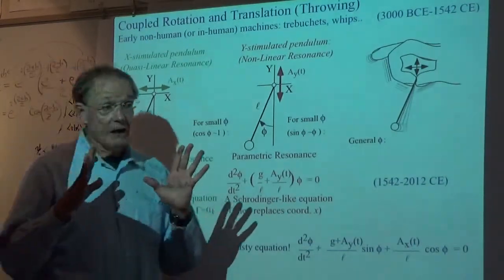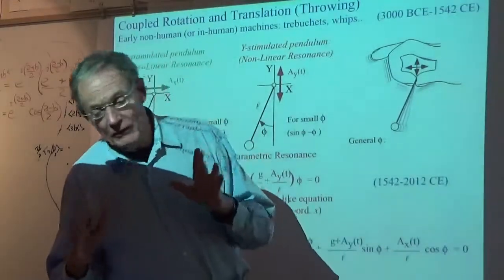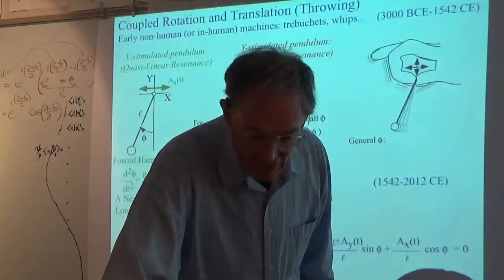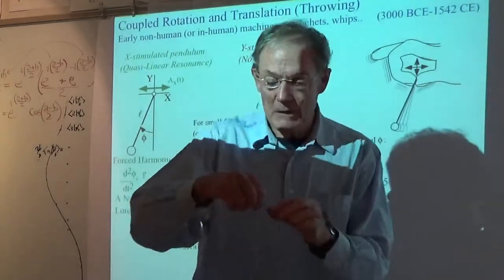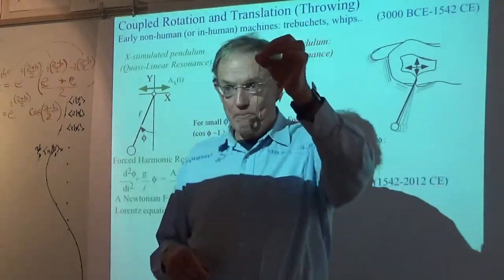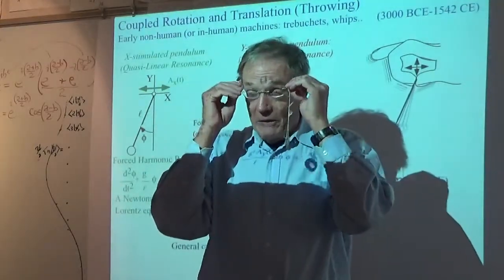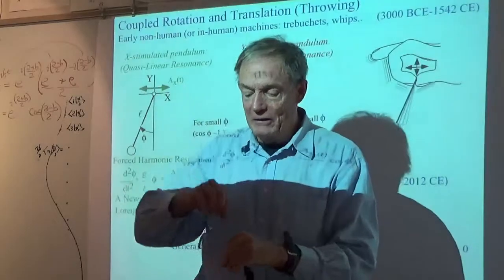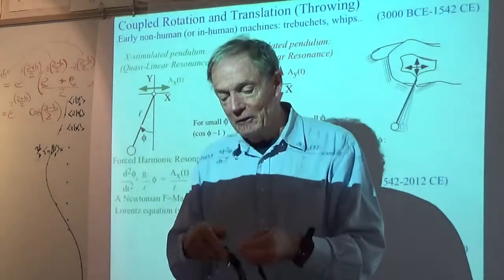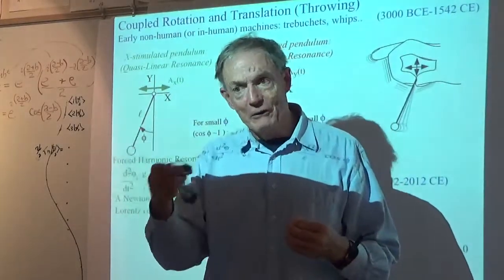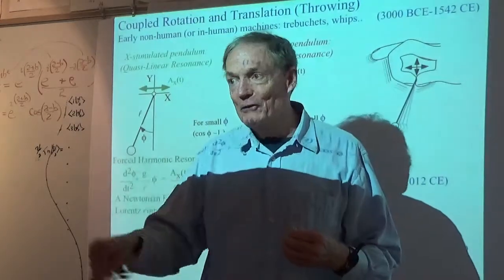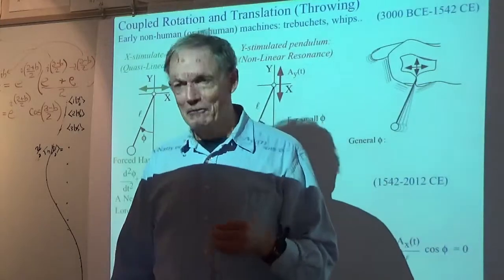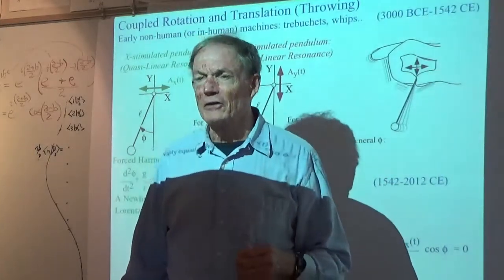The device that's easiest to show this with is just a pendulum. People who have glasses that don't have these things attached can take their glasses and do this. So twiddling is an example of really both of these resonances.